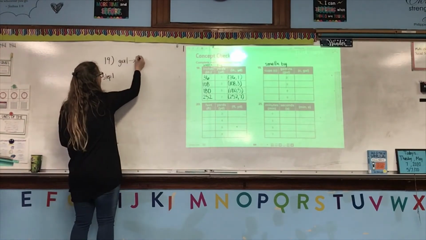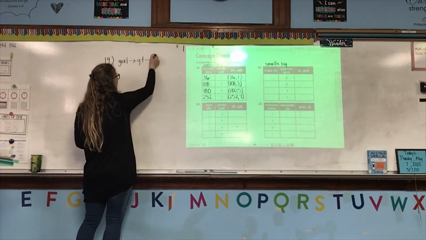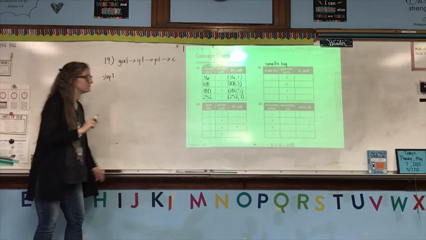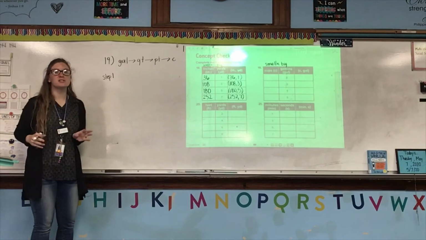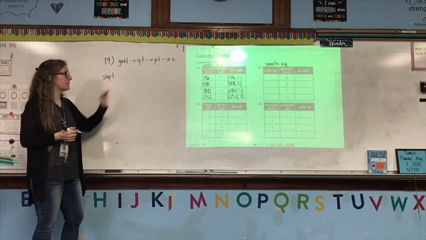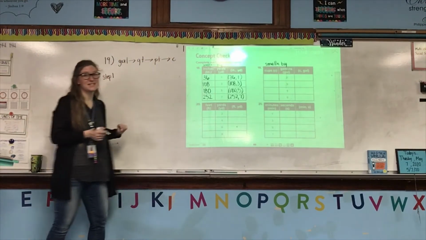How could I forget about quarts? So we have to go from gallon to quarts to pints to cups. Even teachers make mistakes, but you know I make mistakes all the time. Luckily, you just have to admit to them and fix them. So we actually have several steps because we have to do step 1, step 2, step 3.